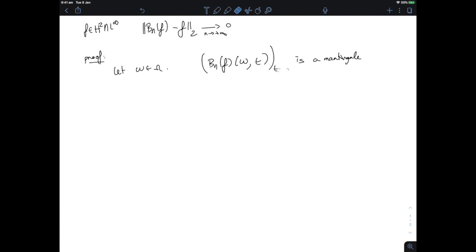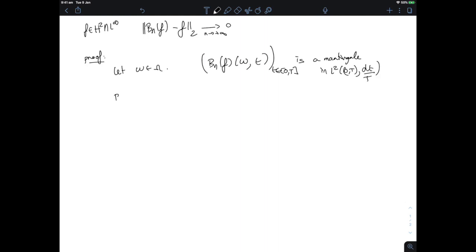T is actually in a finite interval here, and it's a martingale that is given by conditional expectations. It has to converge, and in fact it's a martingale in the space L2 of 0 to T, and to make it a probability space you have to normalize your Lebesgue measure.